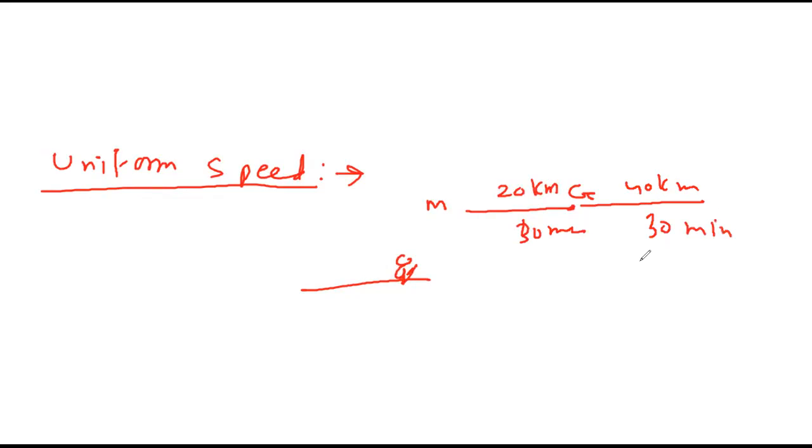Is it uniform or non-uniform? Non-uniform, because distance is different even though time is same. So uniform means if time is same, distance covered should be same. Then we say it is uniform speed.